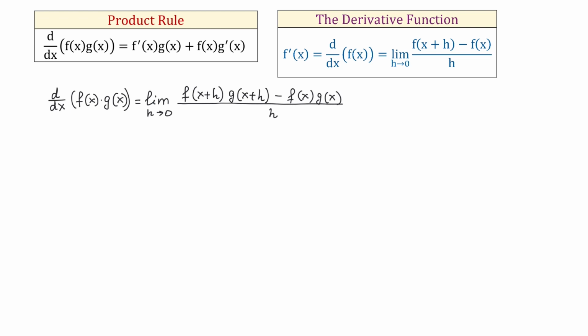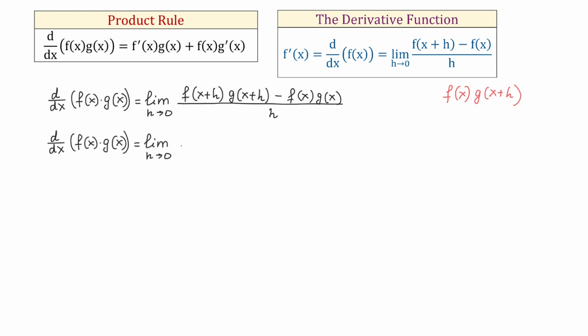Now, to continue with the proof, in the numerator we will add and subtract the same quantity, and that is f(x) times g(x+h).